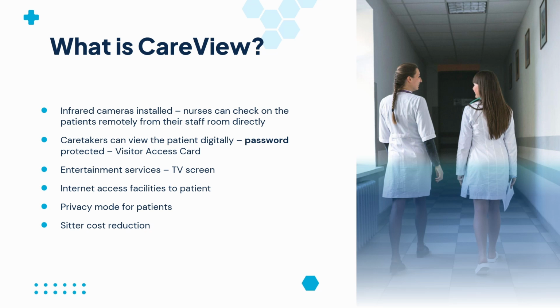In order to preserve the privacy of patients, they also have a privacy mode. Because there is a camera, the nurse or your relative, anyone who wants to check on the patient, can see them anytime, right?